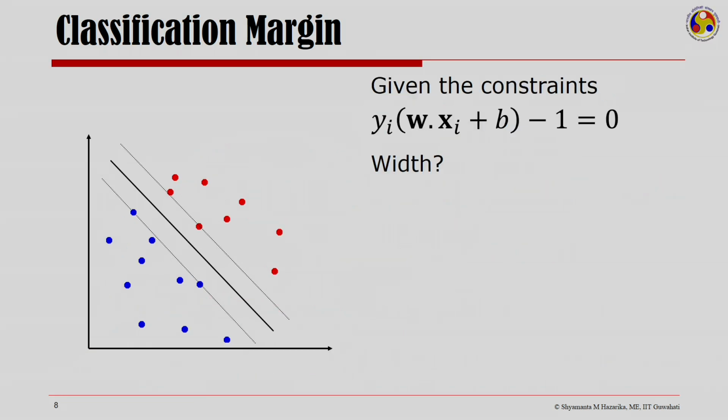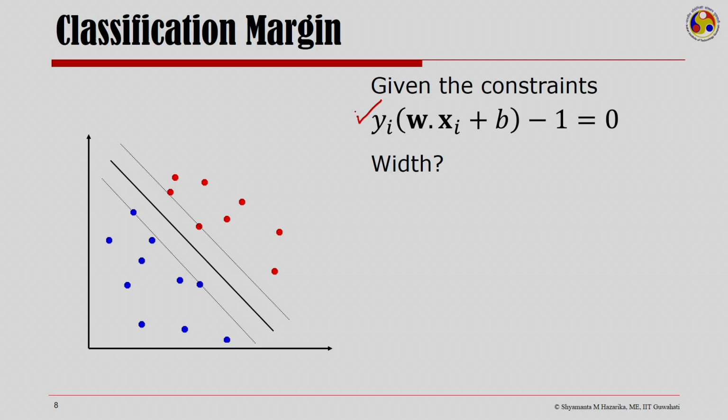Now, given the constraint that I have got by first projecting the unknown along w, introducing the fact that anything on the positives must be greater than 1, anything on the negatives would be less than -1, and then introducing a variable yi, which is +1 for pluses and -1 for minuses, I finally arrive at this constraint equation.